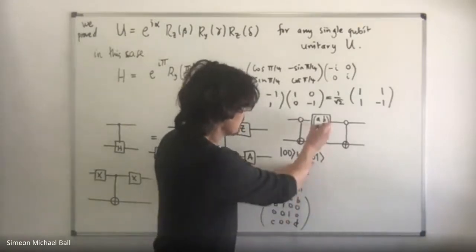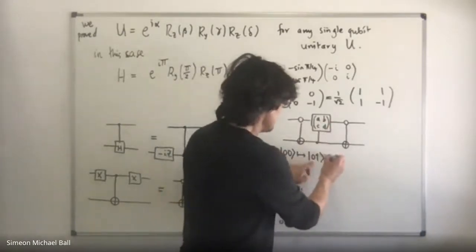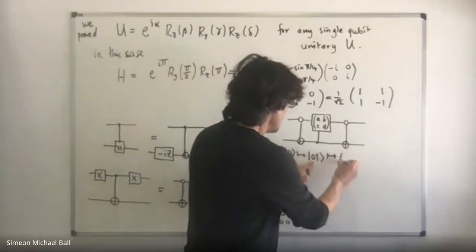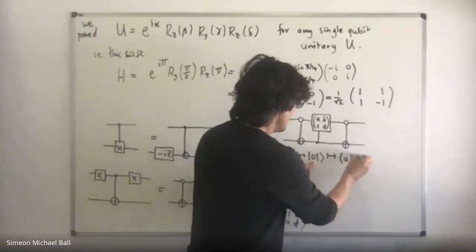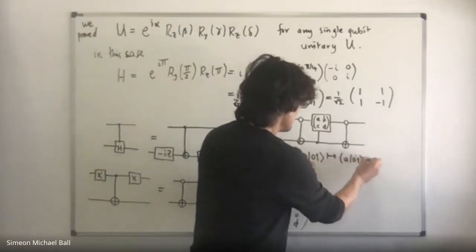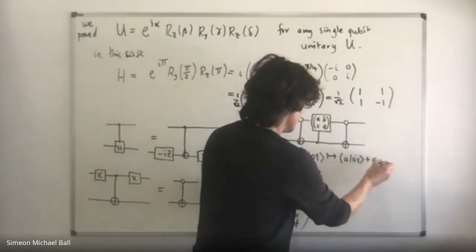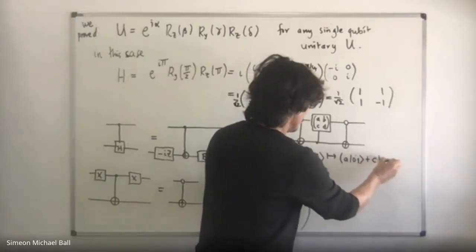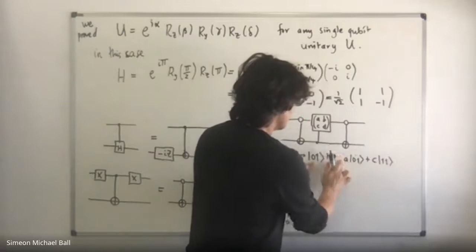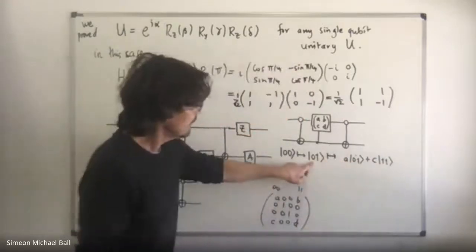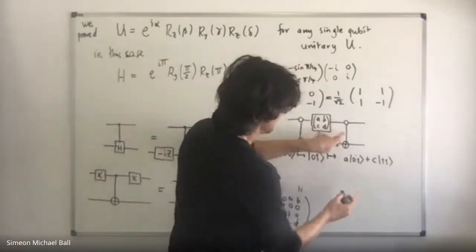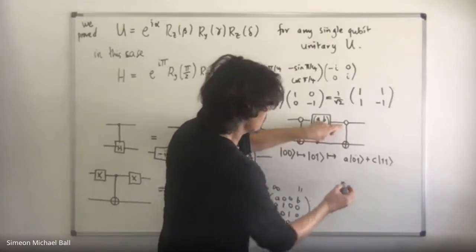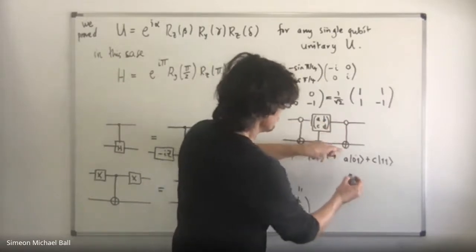So 0 goes to the first column, which is the A and C, so this will then go to A0, 1 plus C 1, 1. And finally here, if the first one's not set, then we C naught the second one.